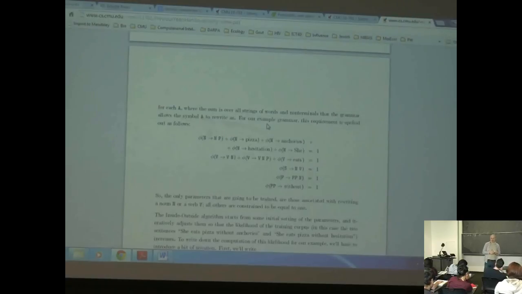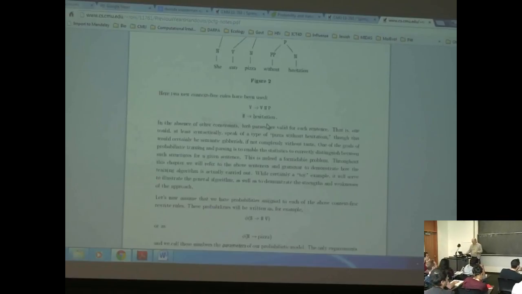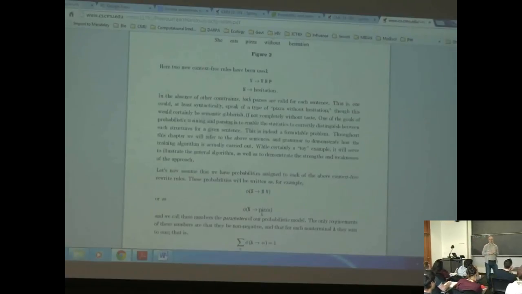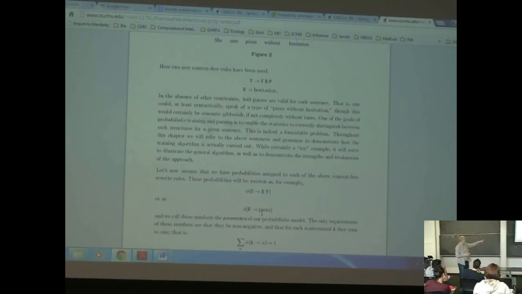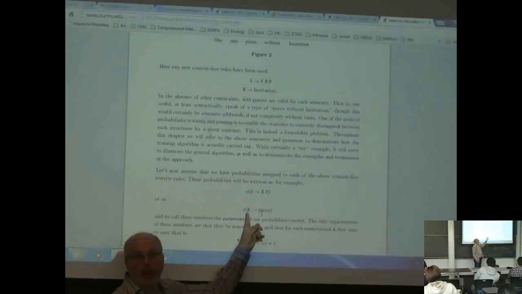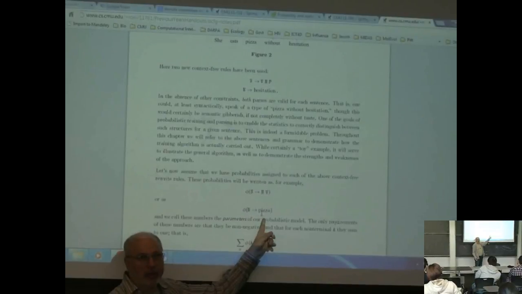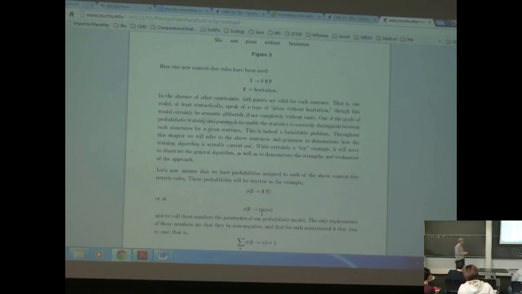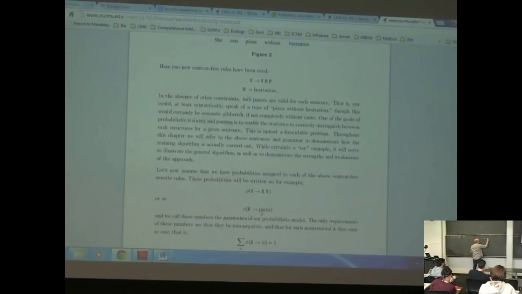So can you figure out what this is analogous to, these two things? These are the two kinds of probabilities in a PCFG. What do they correspond to more or less in an HMM? Transitions and emissions. So the first one, the top one, is the transition. And the second one is the emission. The difference is the topology of the dynamics is different. In an HMM, the topology is a long chain.